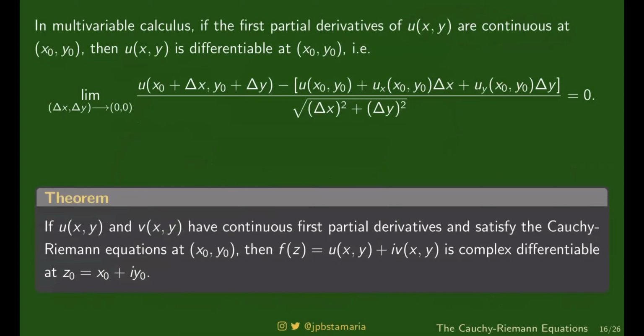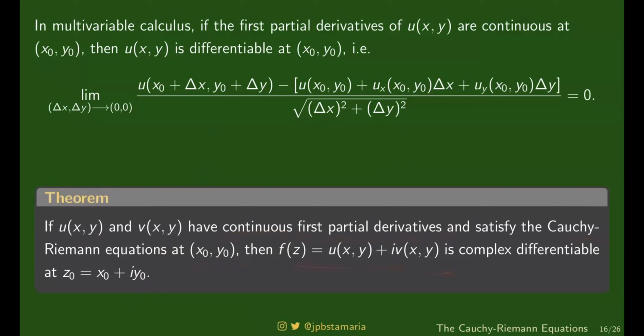And this is why we have the following converse. Ito, no? So u of xy, si v of xy, may first partial derivatives at hindi lang sila basta may first partial derivatives, continuous pa sila. Okay? And if this u and v satisfy the Cauchy-Riemann equations at the origin, then what?